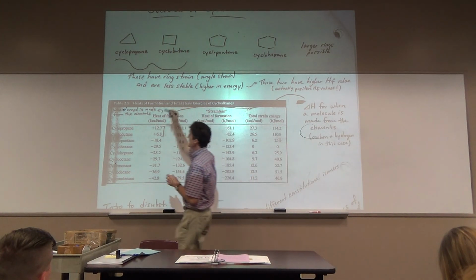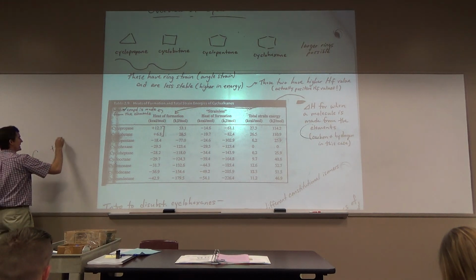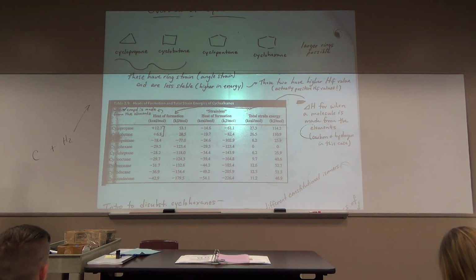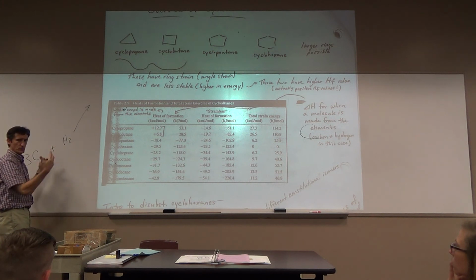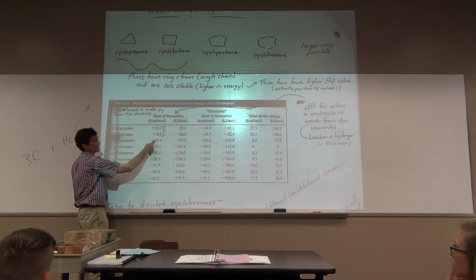The cyclopropane can theoretically, not practically, be made from carbon plus hydrogen to give that. Okay? Now, if you want to balance it, you can. It takes 3 carbons, right? I'm not good at balancing things, but usually when you start bonding, it's exothermic. And in larger rings, it's all exothermic.